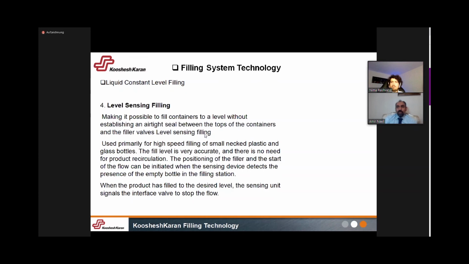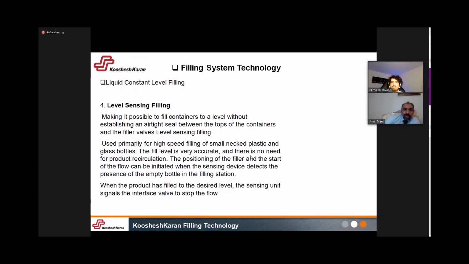I mean, there is no contact between the bottle and the valve, nothing for the air to come out through. It is used primarily for high-speed filling of small neck plastic and glass bottles. The fill level is very accurate, and there is no need for product recirculation.